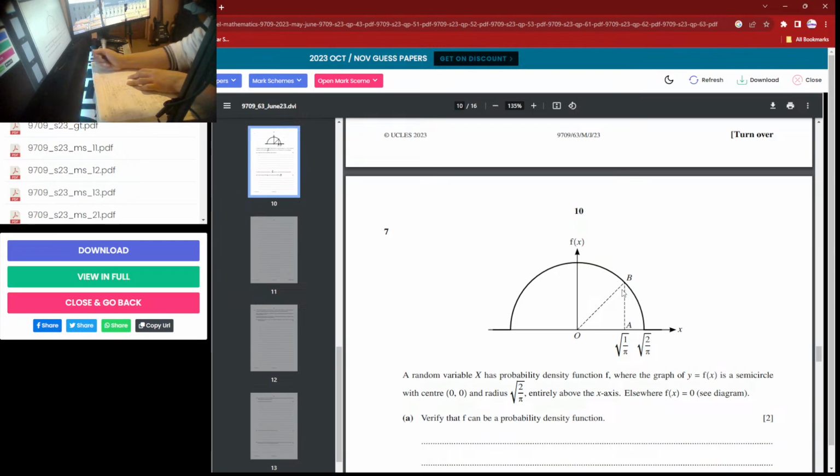So theta will be equals to cos negative 1 of root 1 over pi over root 2 over pi, and that will give you shift cos root 1 over pi over root 2 over pi.